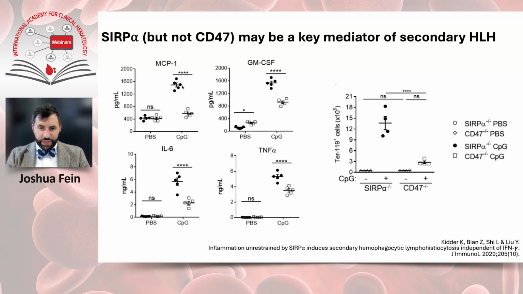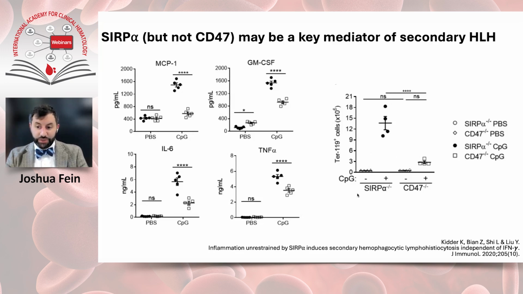And here they observed that if they induced an HLH phenotype by giving CPG to these mice, mice that were SIRP alpha knockout would not have the same inflammatory response, would not have the same depletion of multiple hematopoietic cell lines, and also that they didn't observe the hemophagocytosis.